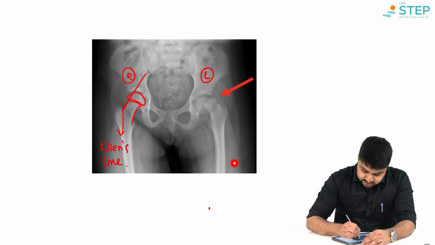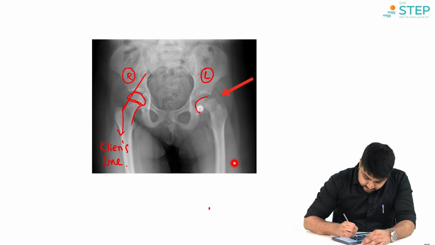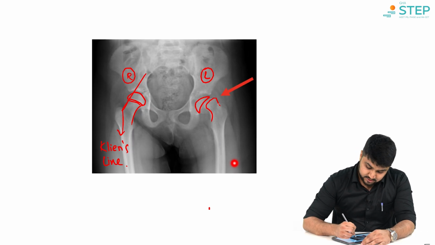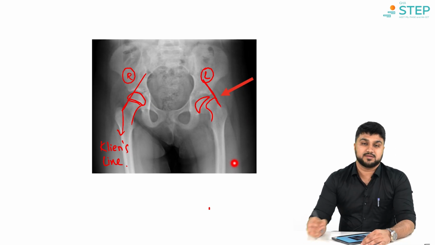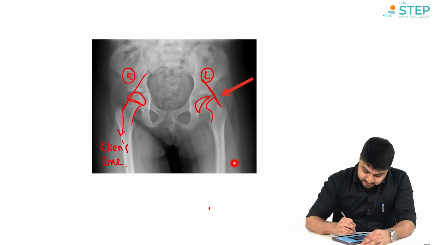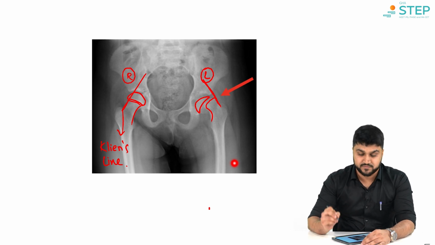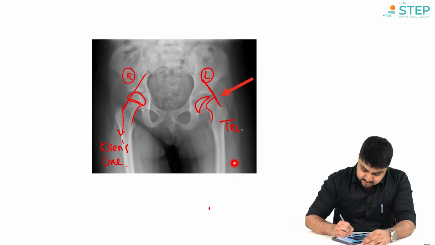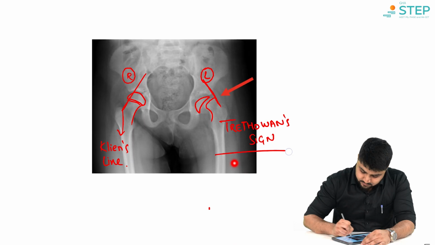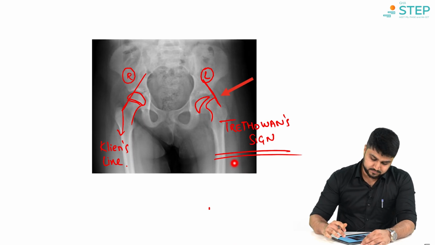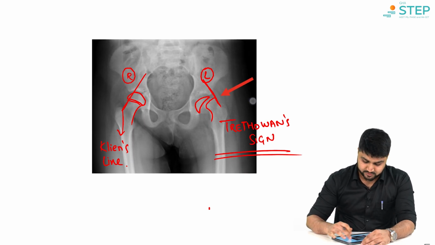On the left side, which is the pathological side, this is the femoral epiphysis, this is the femoral metaphysis. And here if I draw the Klein's line, definitely it is nowhere near the femoral epiphysis. So this sign where the Klein's line does not pass through the femoral epiphysis is known as Trethowan's sign.